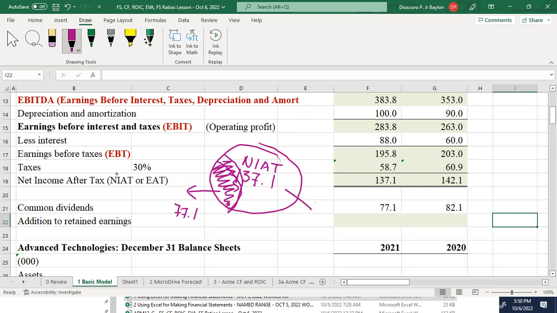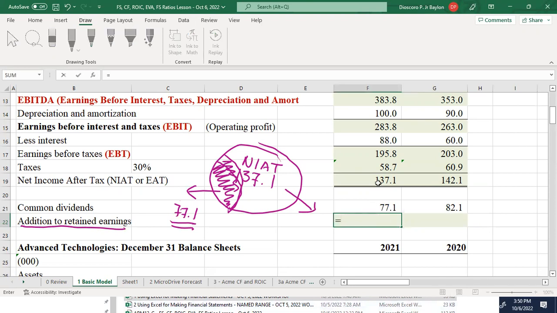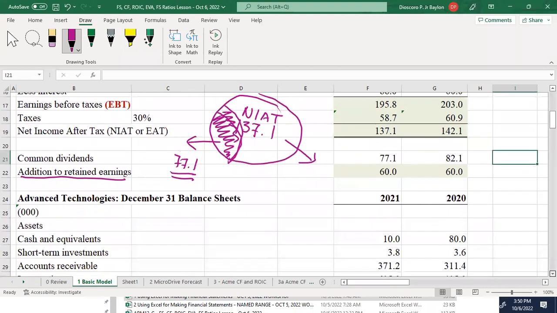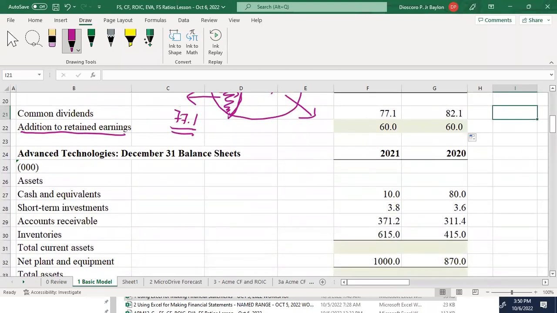What remains will be flowed back to operations. This is distributed as dividends to shareholders. This one will be flowed back to operations, and it's called your addition to retained earnings. So our addition to retained earnings will be the difference between net income after tax and the common dividends. And copy this to the right. Therefore, the addition to retained earnings is 60. All right.